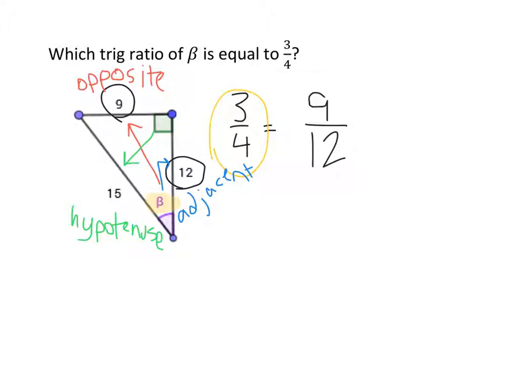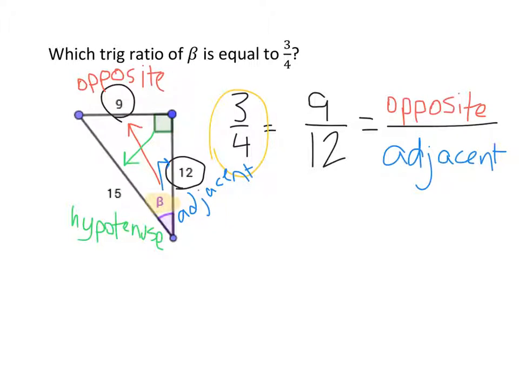So that means that 9 over 12 is equal to the opposite over the adjacent. From there, we know that opposite over adjacent is the same as tangent of the reference angle, which in this case is beta.